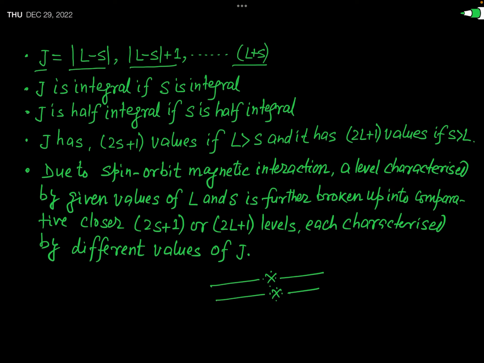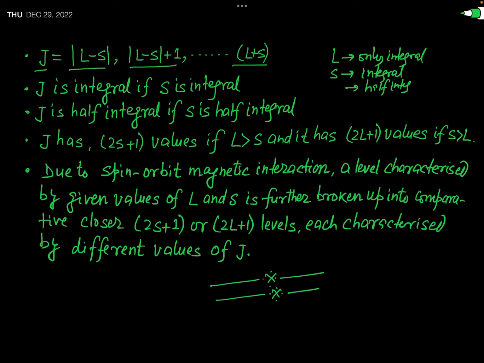Okay. Now as you have seen, L has only integral values, only integral. But this S may have integral value when the total number of electrons is even, and it also may be half integral.